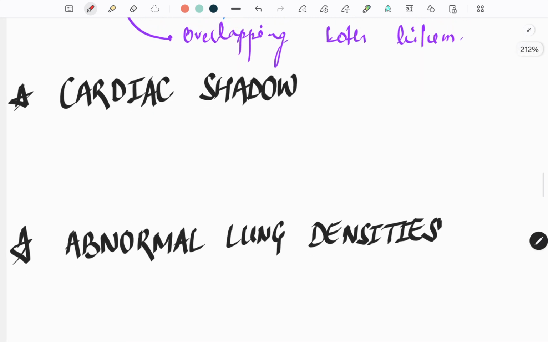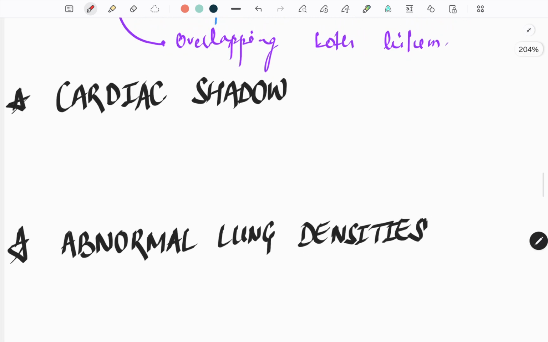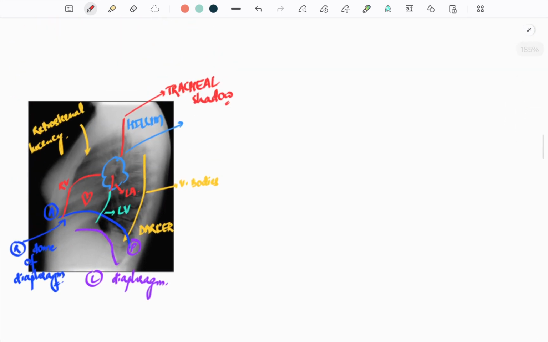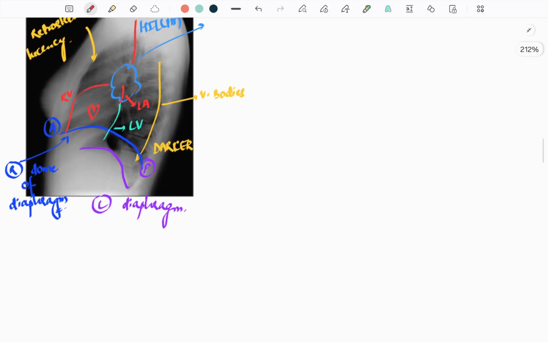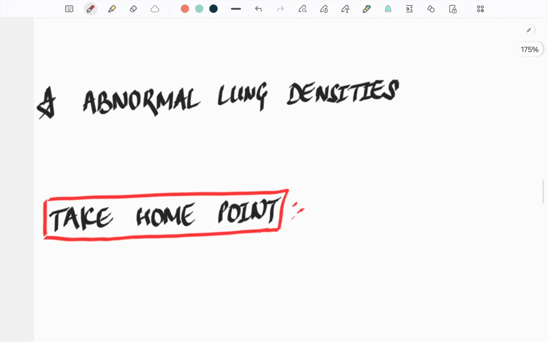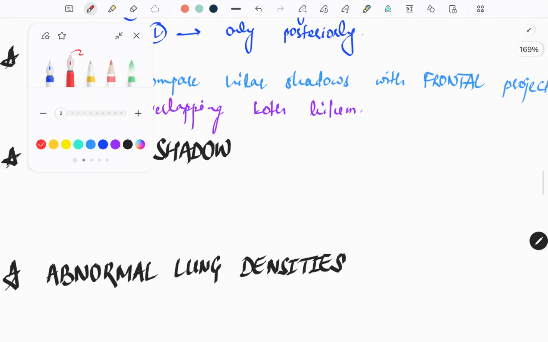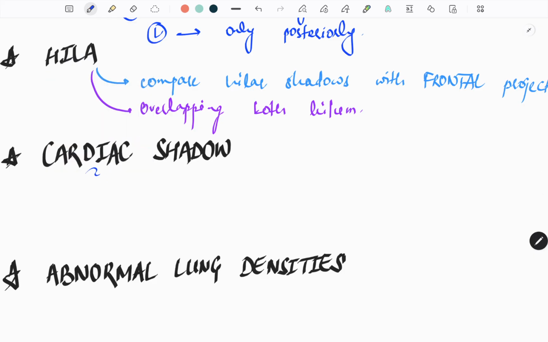The cardiac shadow should be clearly visible to all of us. First of all, we'll see the components of the heart border.